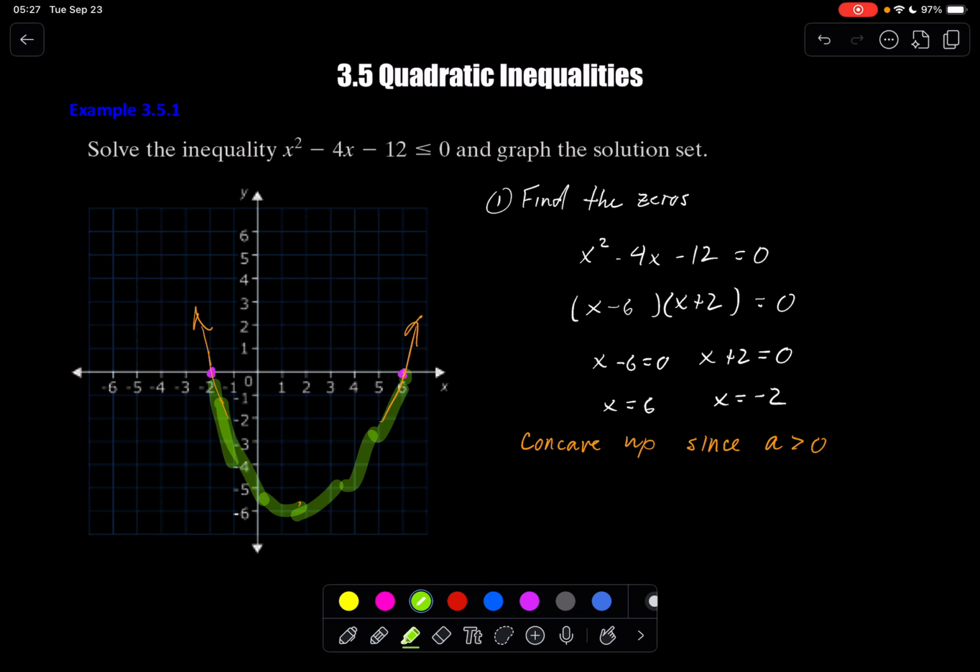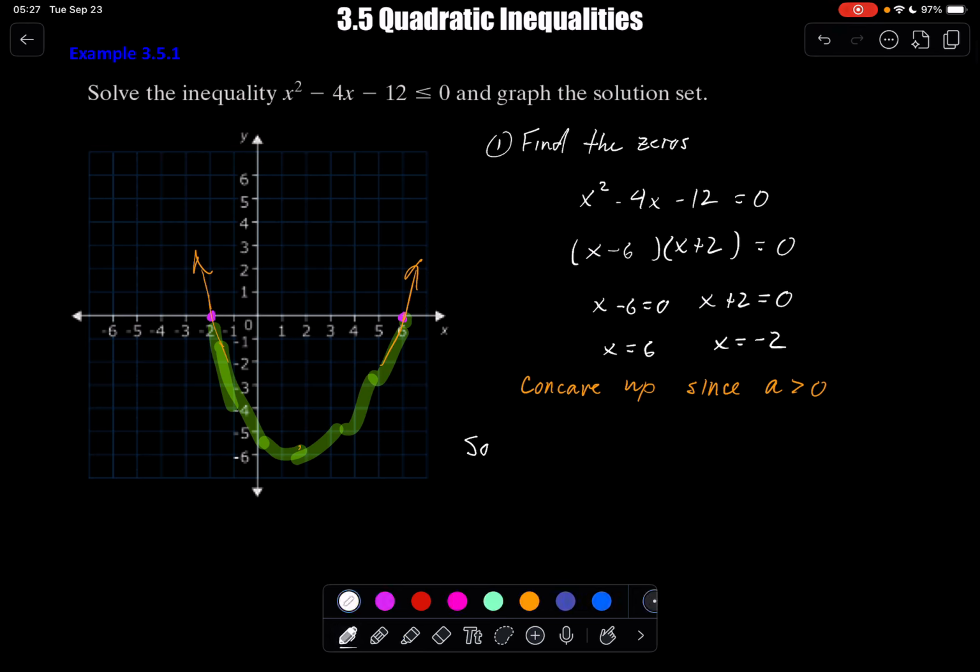It's obviously equal to 0 at the x-intercepts, but it's less than 0 in this case in between the x-intercepts.